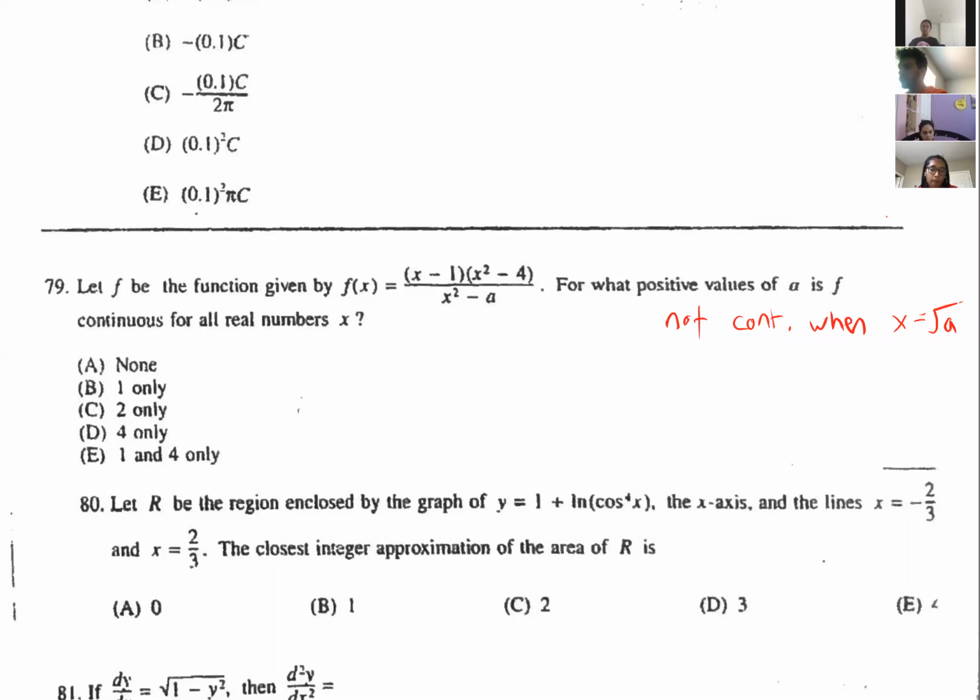It only has a hole if you can cancel common factors on top and bottom.